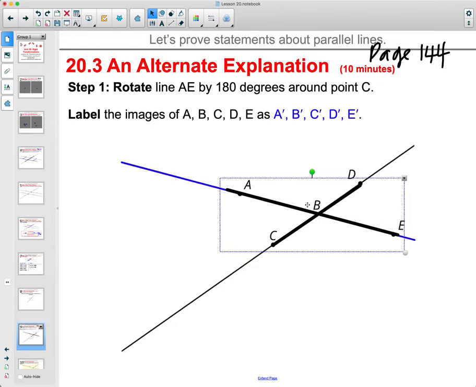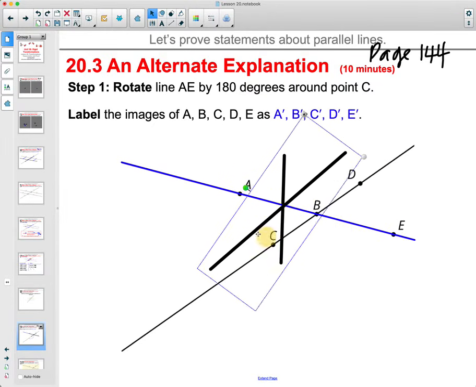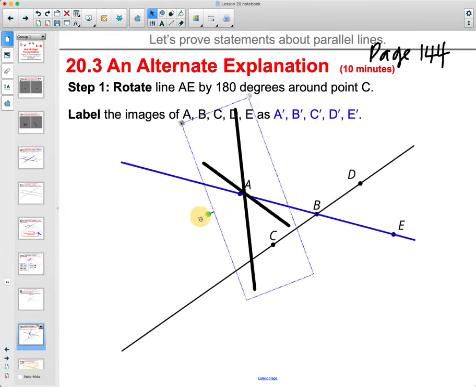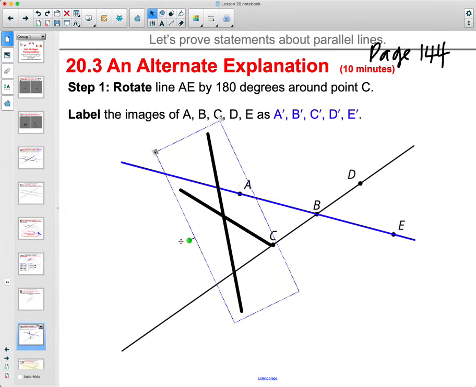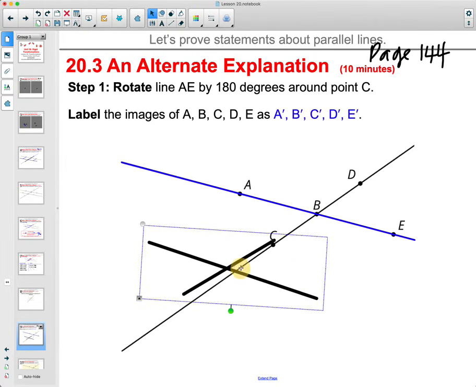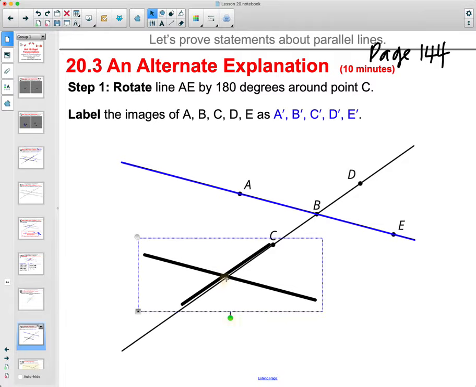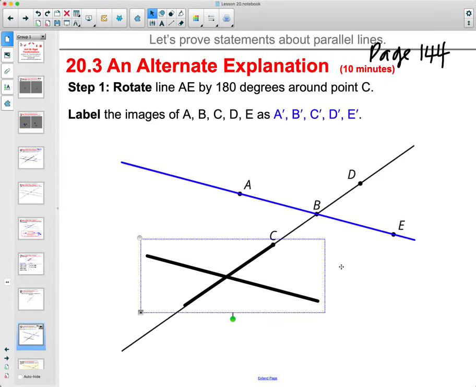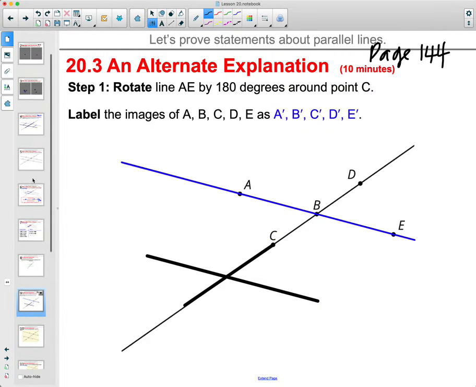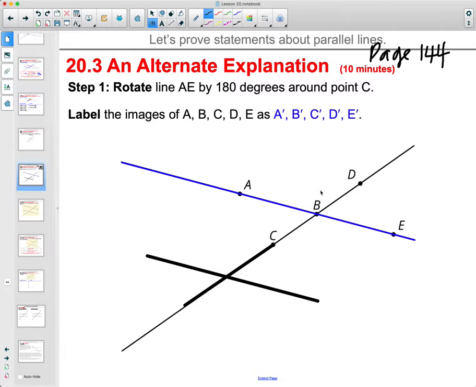I can't stick down C, so I'm just going to keep rotating it and moving it back to C, but keep your pencil stuck at C. It should end up looking like that. Pause the video if you need more time to rotate, and be sure to label your images on there.